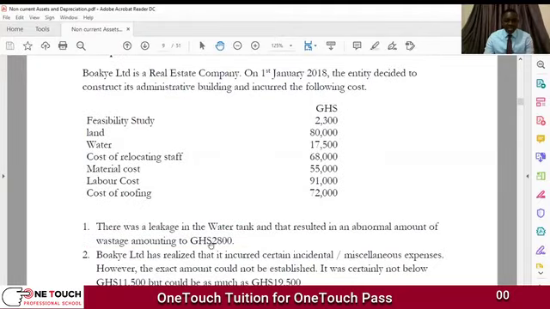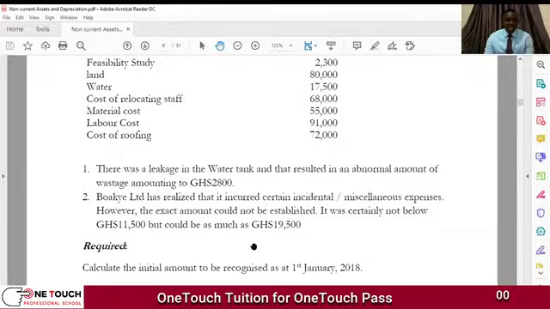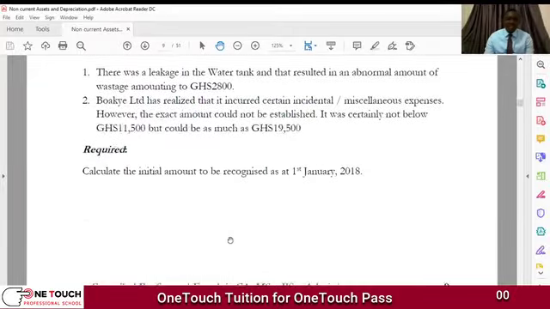There was a leakage in the water tank, and that resulted in an abnormal amount of wastage. Boache Limited has realized that it incurred certain incidental or miscellaneous expenses. However, the exact amount could not be established. It was certainly not below 11,500, but could be as much as 19,500.